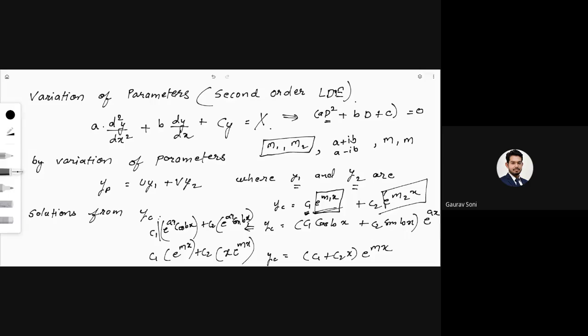In the second case, this will be y1 and this will be y2. In the third case, this will be y1, this will be y2. So y1 and y2 are the things associated with c1 and c2 in yc. If you want, you can write it down. You have 2 minutes.